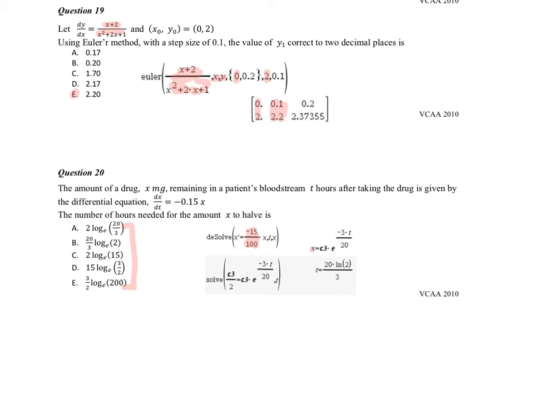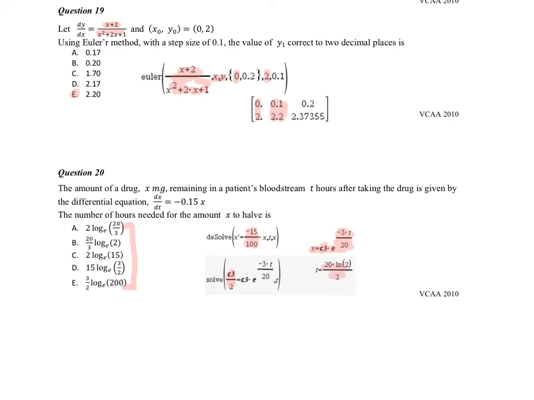So a possible solution, and we want to know how long it takes to halve it. So C3, that's my initial amount present. So if I put C3 on 2 out the front, equal to C3 e to the negative 3t on 2, or even if you put a half out the front and take away the values, it's okay.